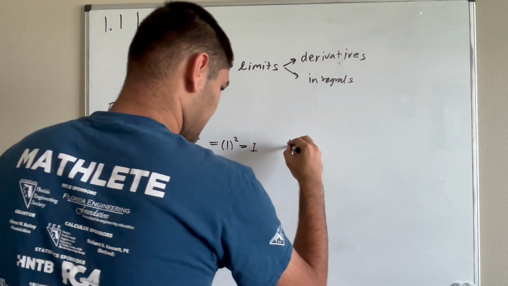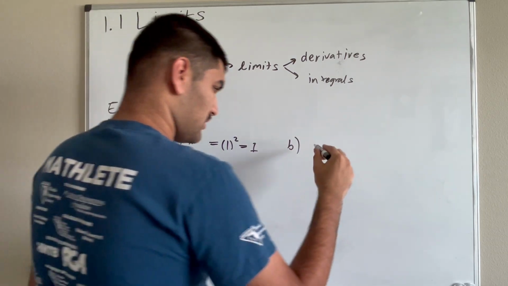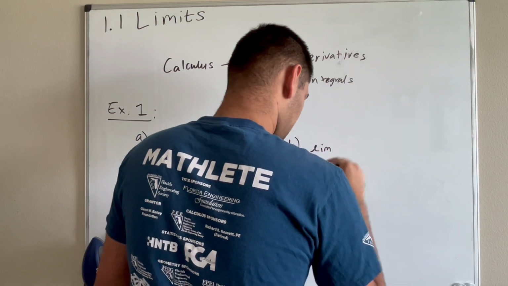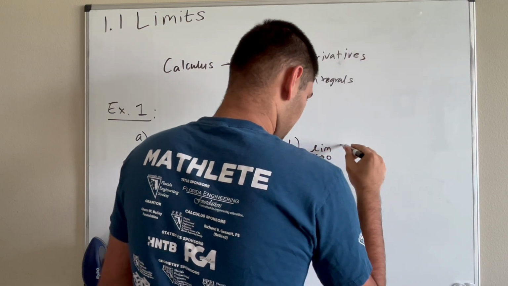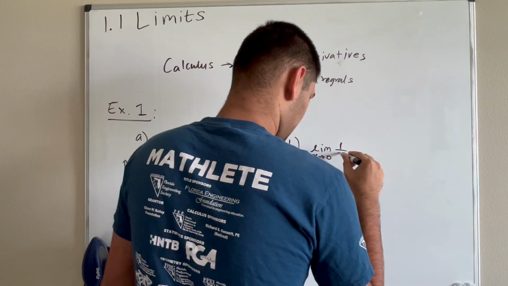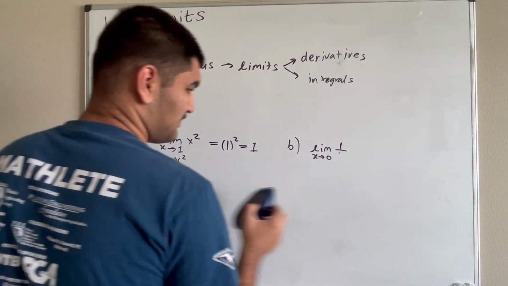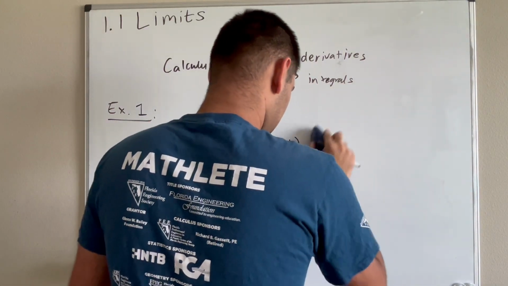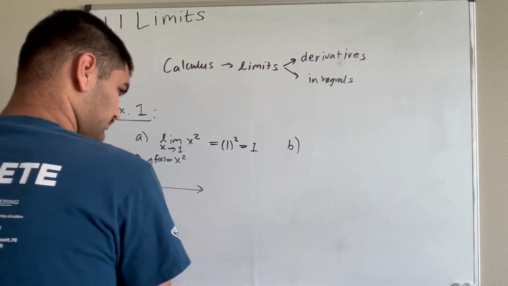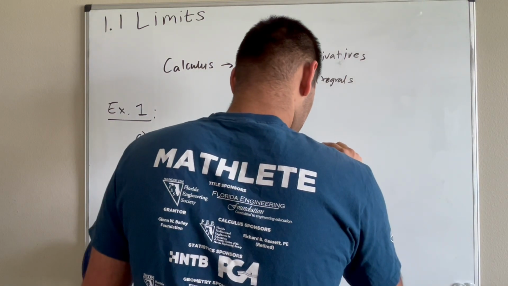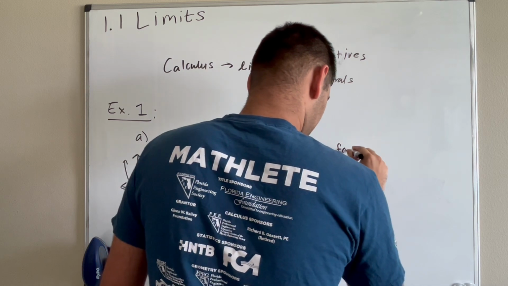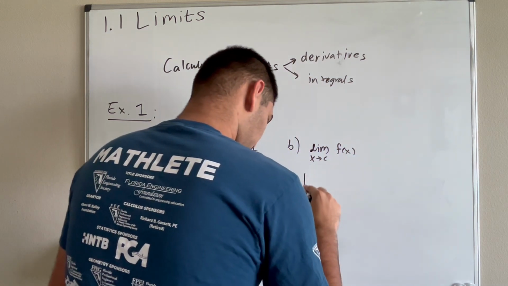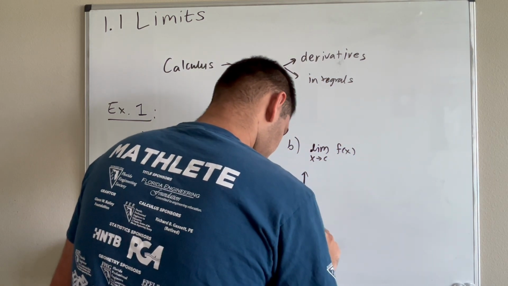All right, so let's do another example. Let's evaluate the limit as x approaches c of f of x, and this is evaluating limits graphically.